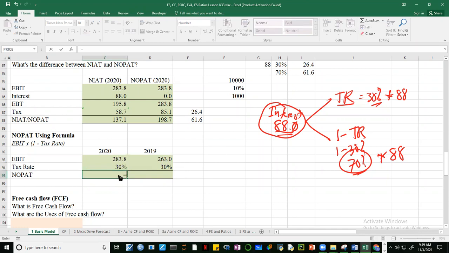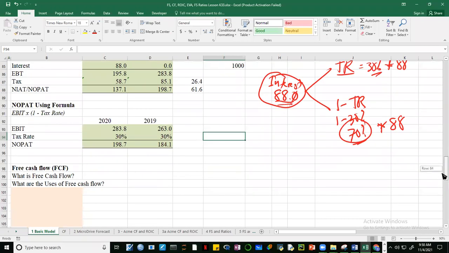And then, therefore, the NOPAT is simply your EBIT times 1 minus your tax rate. Or you can just type here 1 minus tax rate. There. So we compute the NOPAT from the EBIT, then we remove the tax. In fact, we were able to show this a while ago, the 198.7. So that's how we compute for our NOPAT.